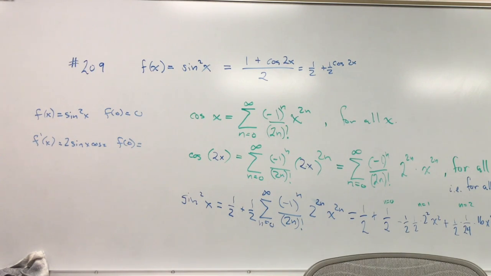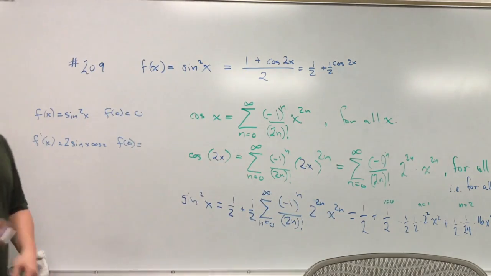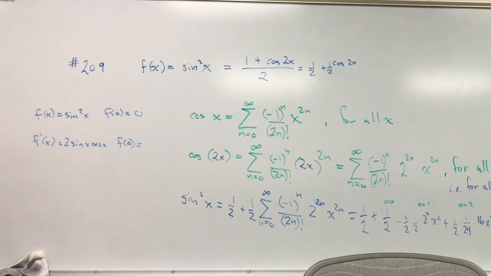F of 0 is 0, right? Sine of 0 is 0. Sine squared of 0, the square of 0 is 0, right? Yeah. I'm a little worried because the first term is 1. And the first term should correspond to the value. But let me think here.